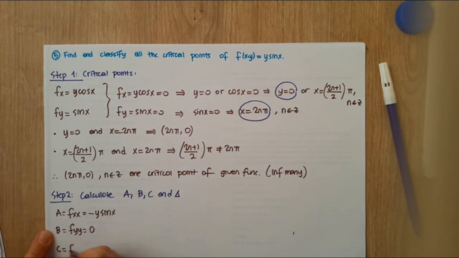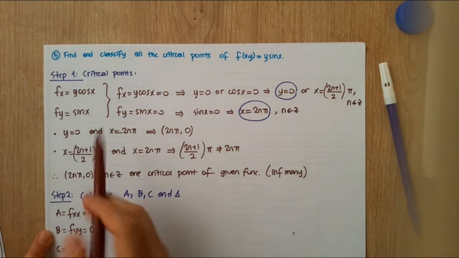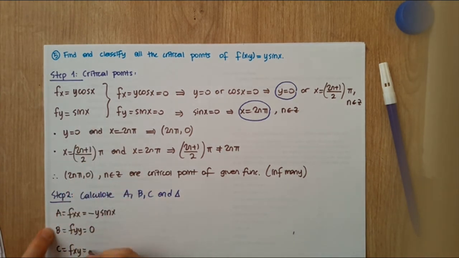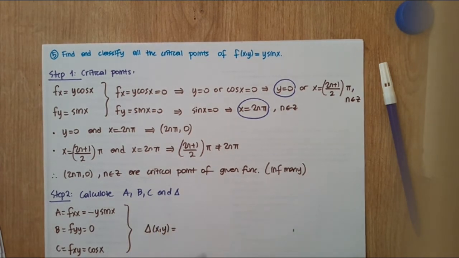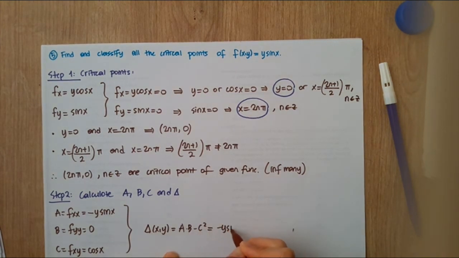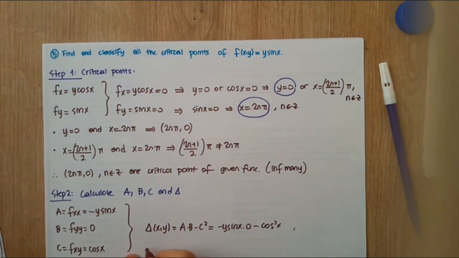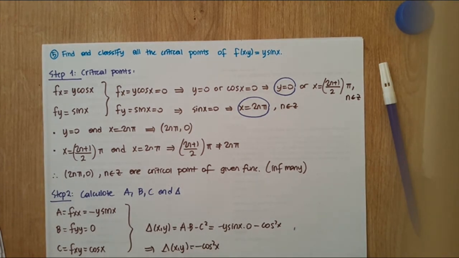C is f sub xy, so the derivative of this function with respect to y is cosine x. So using this, delta will be A times B minus C squared, which means minus y sine x times 0 minus cosine squared x. So I have delta equals minus cosine squared x.